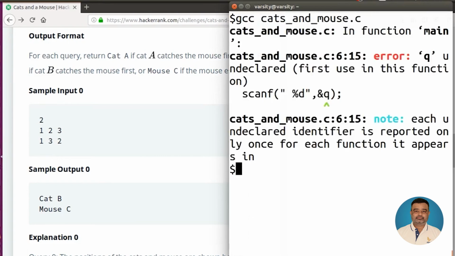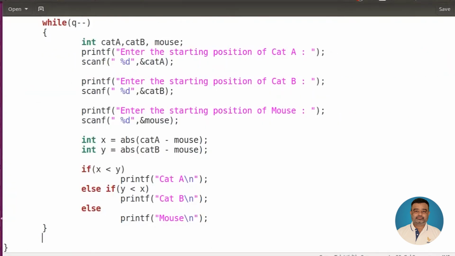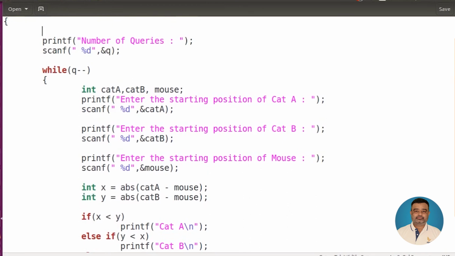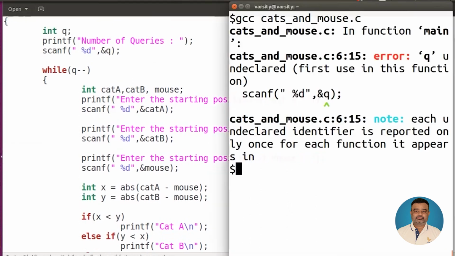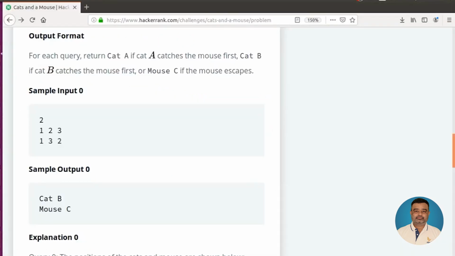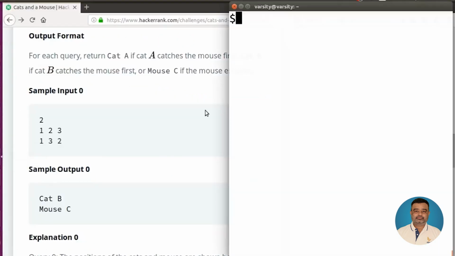What's the problem here? Q is undeclared. So let's go there and declare Q. You should never panic if you get any errors. On one side I like to keep the input, and on the other side I execute the program.